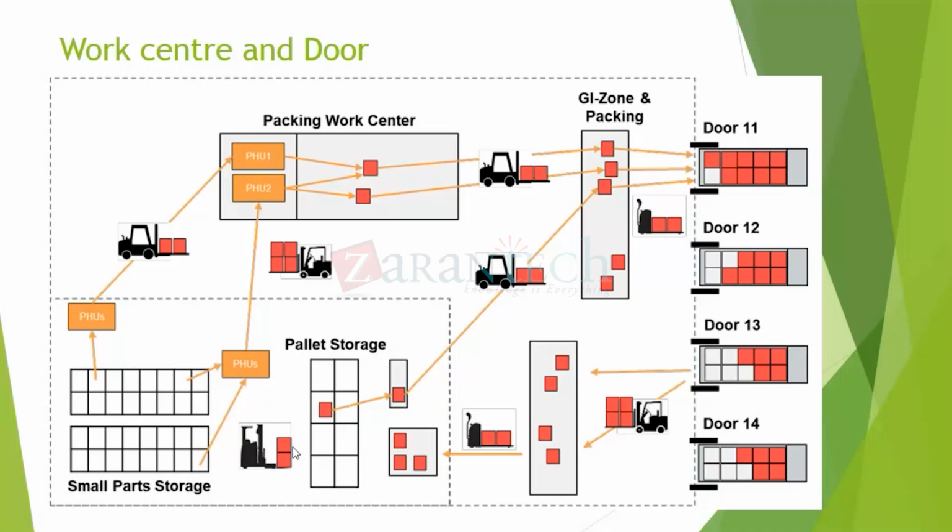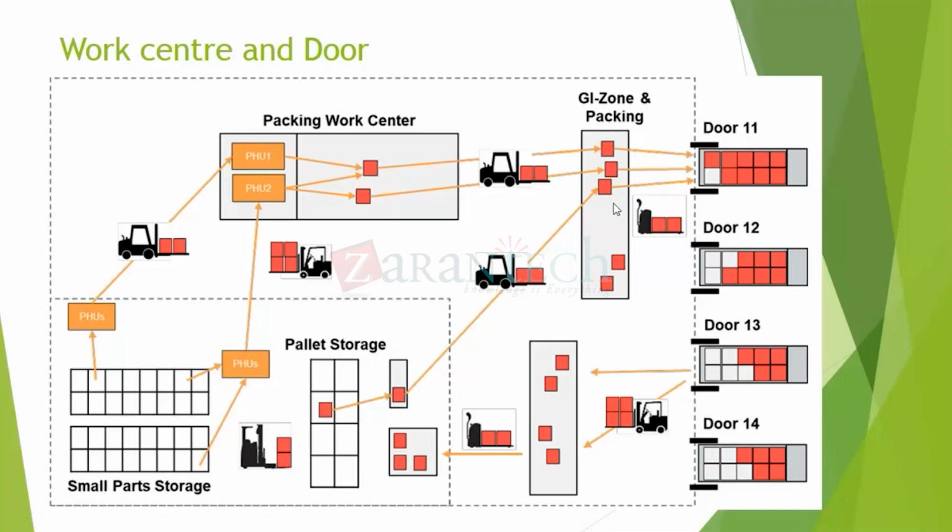Then after picking all the 100 objects or whatever, they will bring a big cart or a vehicle, so that from there they can directly take it to the 910, the goods issue staging area.